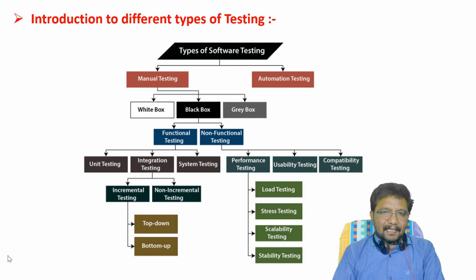As a tester we have to perform black box testing. In black box testing, the code is invisible to us. We just test whether the written code is fulfilling the business requirements or not. That's it. This black box testing is divided into two categories again: functional testing and non-functional testing.